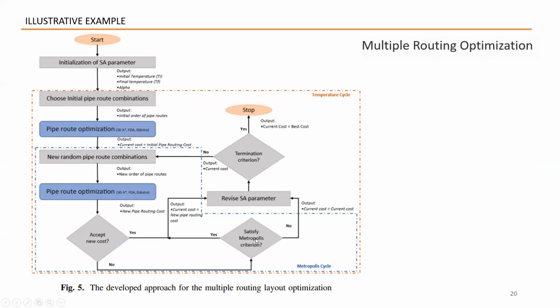If yes, it satisfies the Metropolis criterion. Yes, go to revise the parameter. If we don't accept the new cost, no, it doesn't satisfy the Metropolis criterion, then go to revise.